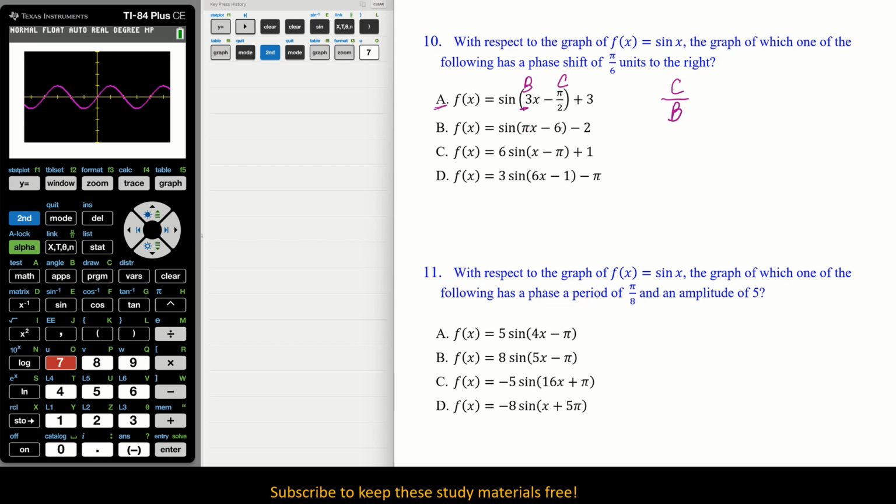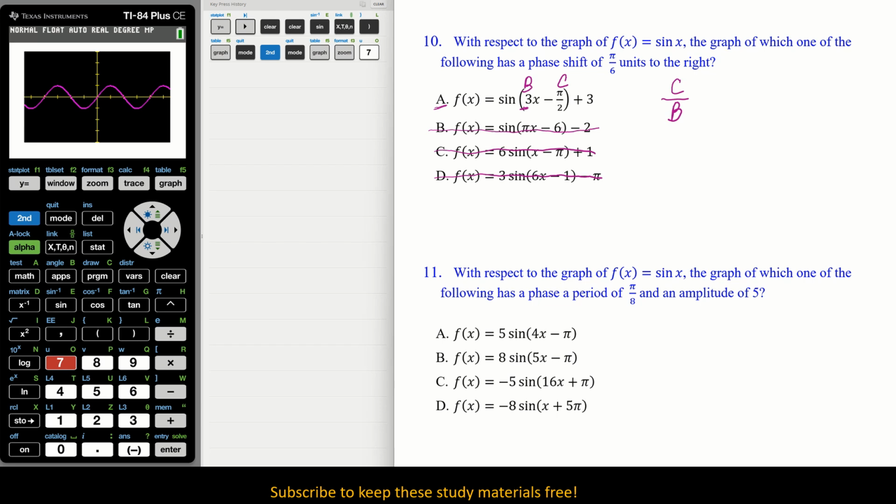That is incorrect. It would be the reciprocal. And then C would be pi over 1, which is just pi. That isn't it. And then D is 1 over 6. No, that's 1/6. That's not going to work.